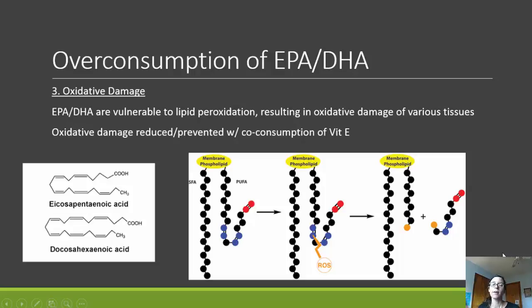So by introducing these double bonds, we also are increasing our risk of oxidation. But we can consume more antioxidants such as vitamin E, which is our fat-soluble antioxidant, and decrease the risk of this oxidative damage.